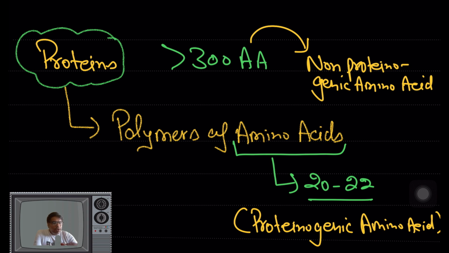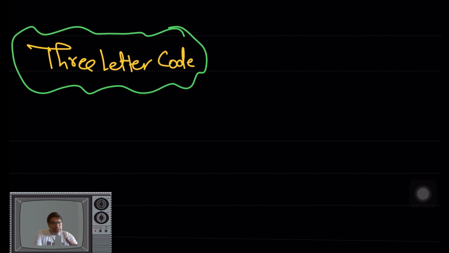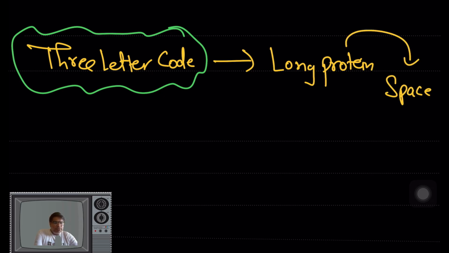So today we are going to discuss the single letter code for amino acids. Now for amino acids you must have seen the 3-letter code. If you use the 3-letter code to represent a long protein, it will require lengthy space.